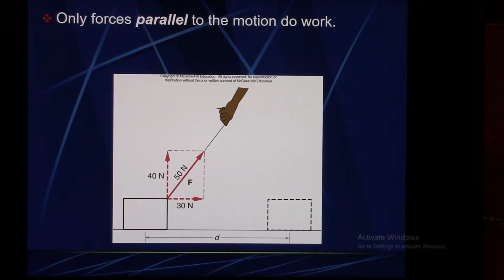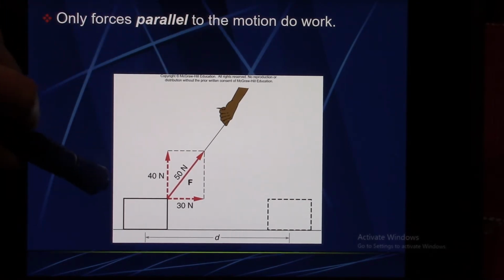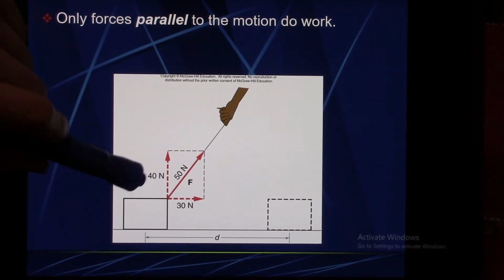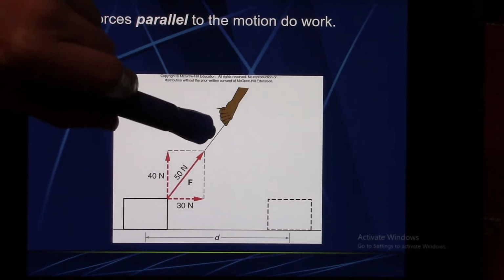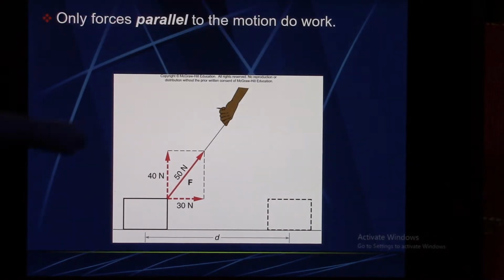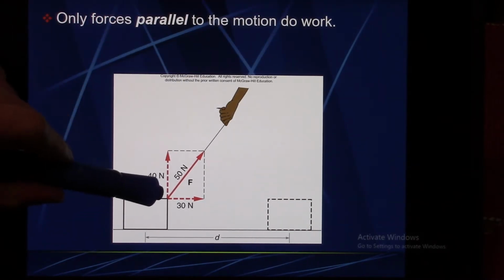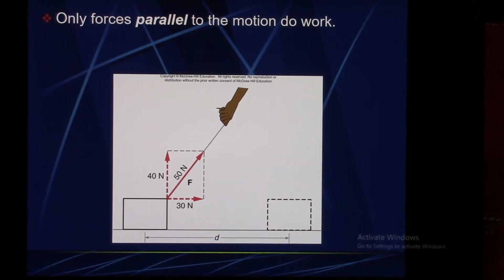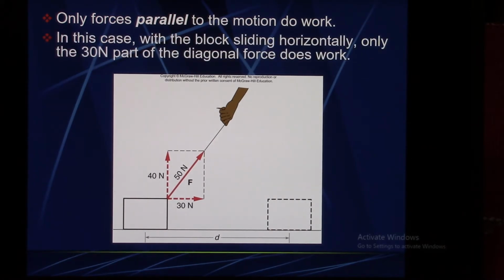Oh, this is interesting. So the only forces parallel to motion do work. So maybe you're trying to pull this block, and this is normal, right? You would grab it here, you would pull it, you're trying to drag it along. You're thinking, well, I have 50 newtons of force that I'm applying here, but how much work are you actually doing?